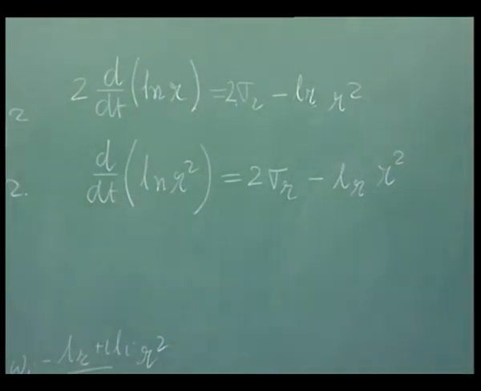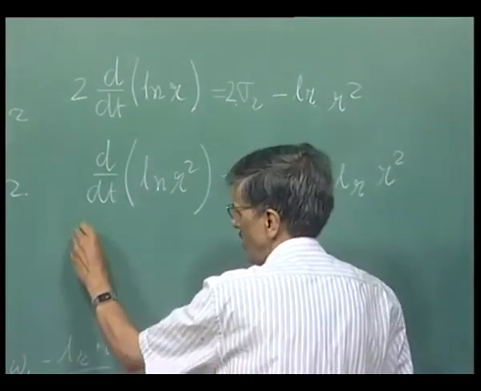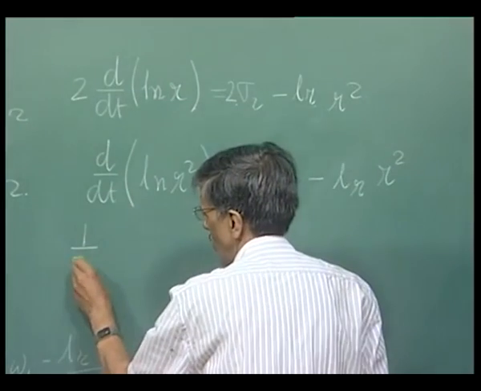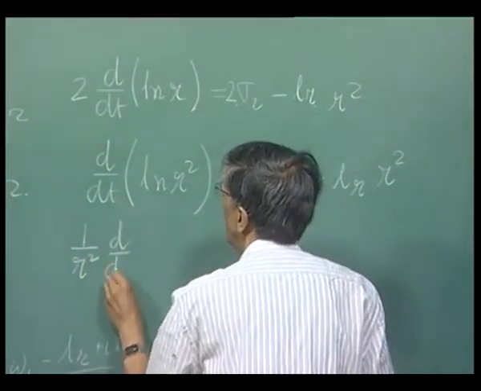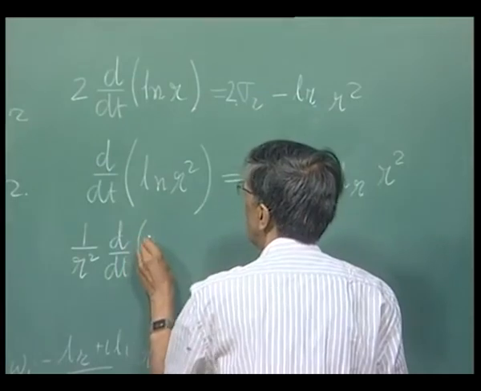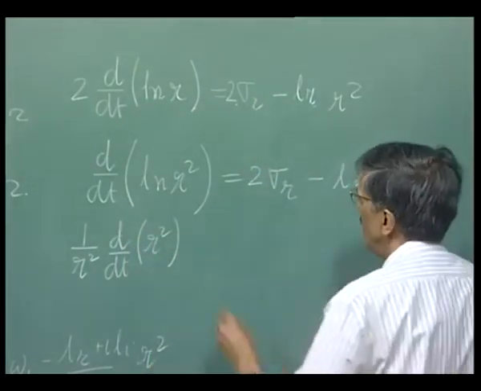Right? So what I could do is write this as 1 over r squared times d/dt of r squared, isn't it?